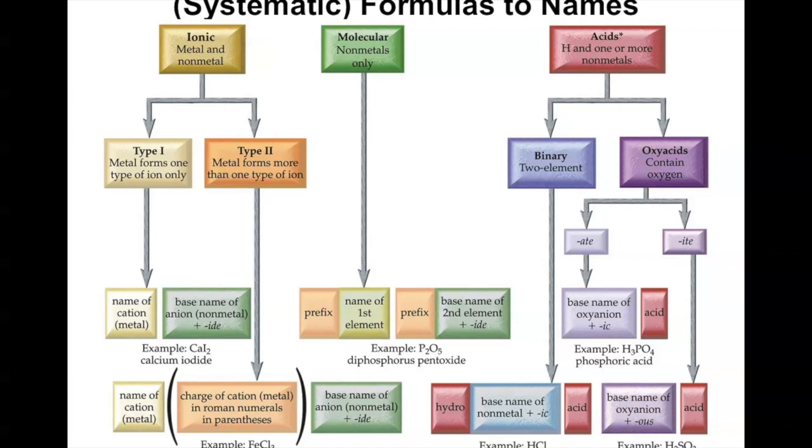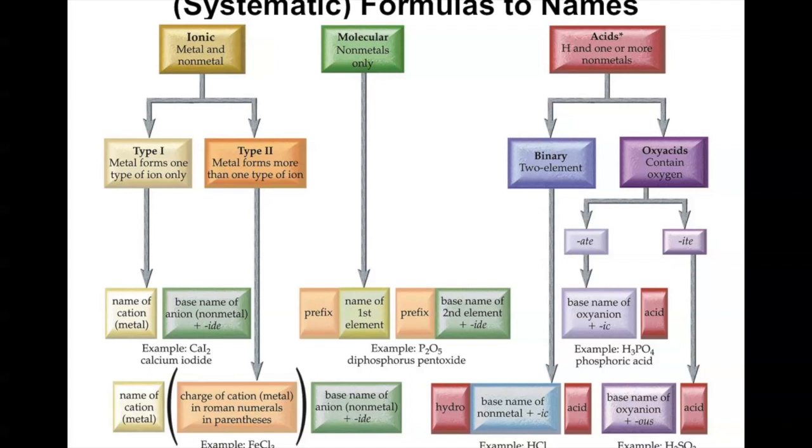However, with molecular compounds consisting of nonmetals, for right now, I just want you to assume that all of the charges of all the elements in a molecular compound are 0. We'll talk about this in more detail later when we get to bonding. It's not exactly true, but for simplicity right now, assume that they're 0.